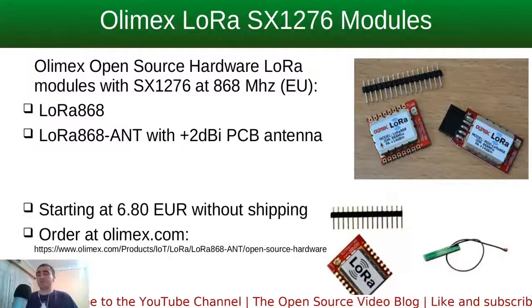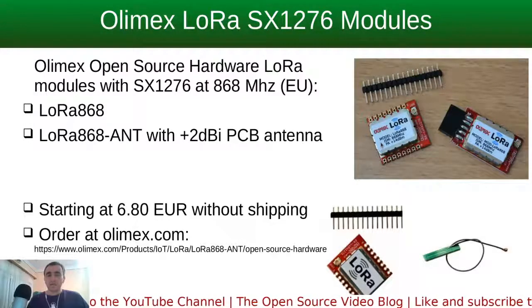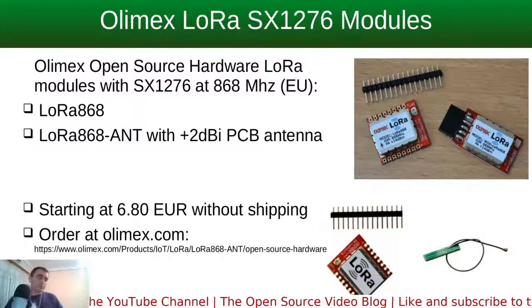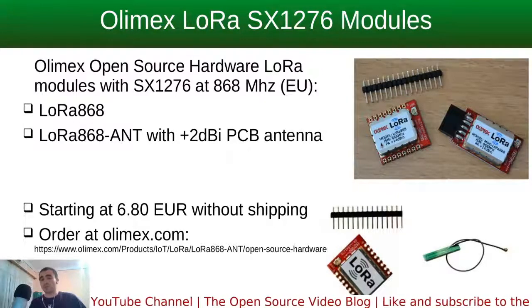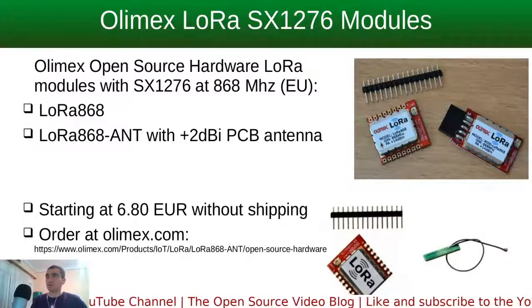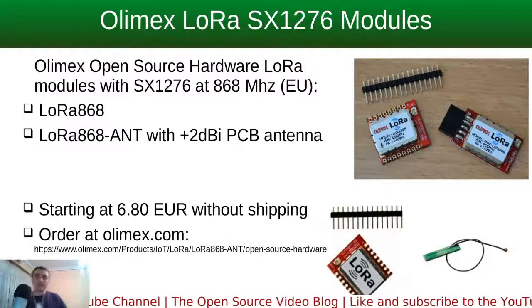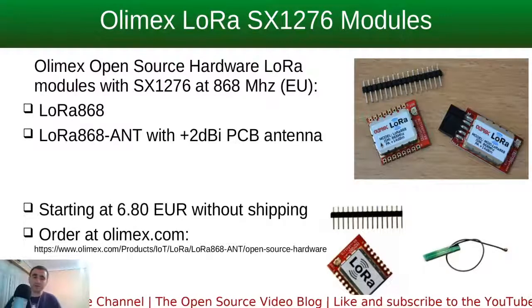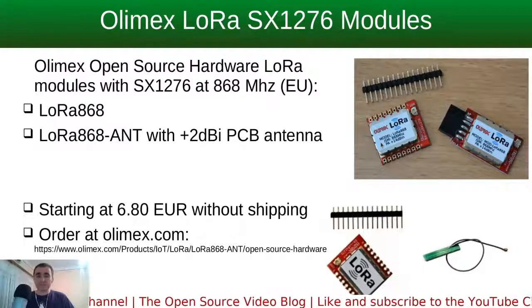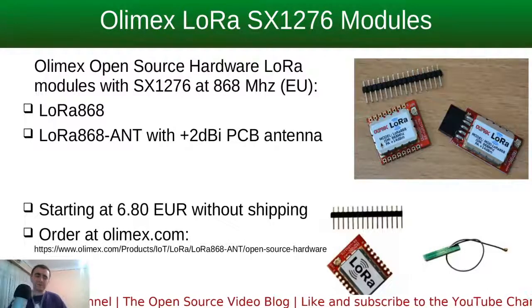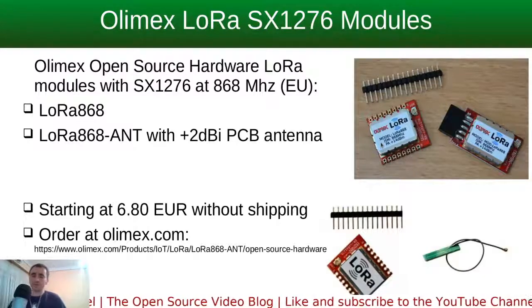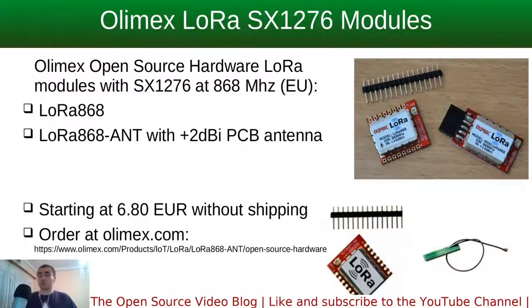It's convenient for things like smart cities. Unfortunately, until recently, the LoRa gateways as well as client devices were kind of expensive. However, here are some alternatives. The pricing starts at a little bit less than €7 without taxes and shipping. You can order it at Olimex.com.